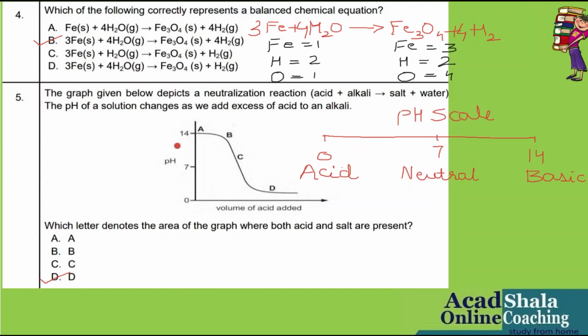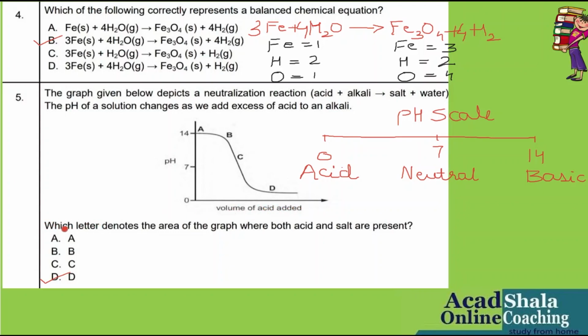Next question. The graph given below depicts a neutralization reaction. Okay. Acid plus alkali gives you salt plus water. The pH of the solution changes as we add excess of acid to an alkali. Now they have given you a graph and A, B, C, D points with 14, 7, 0 pH, and we are adding acid, that is, volume of acid added.